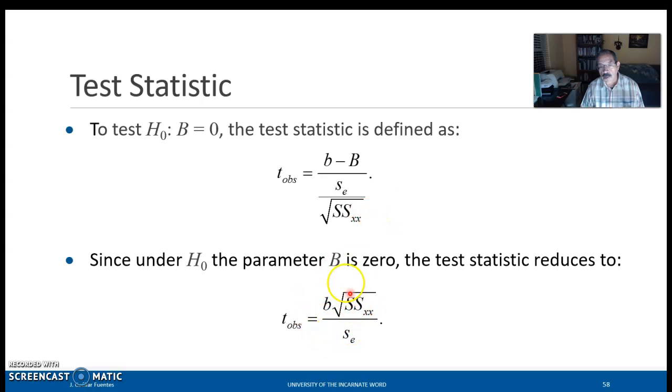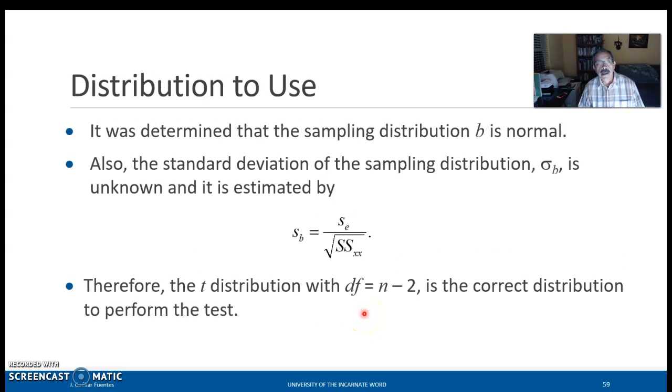So, with b equal to 0, we can write the test statistic like this. We determined that the sampling distribution of b is normal. Also, we are replacing the standard deviation of the sampling distribution of b with its estimate, which is the standard deviation of the residuals.